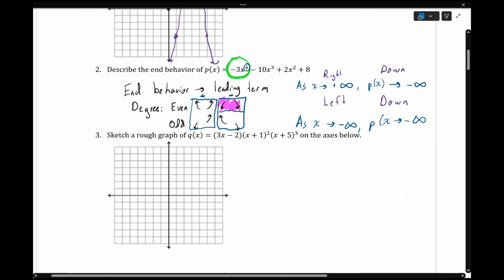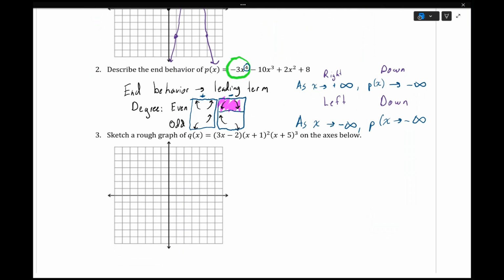All right, now let's sketch a rough graph of a polynomial in factored form. Now, a good thing to do first is to check the end behavior again. Now, I don't have the leading term, but I can count factors, because for each factor, I get an extra degree in the polynomial. So here I have one factor. Since the x plus 1 is squared, I get 2 more factors. Since the x plus 5 is cubed, I get 3 more factors.